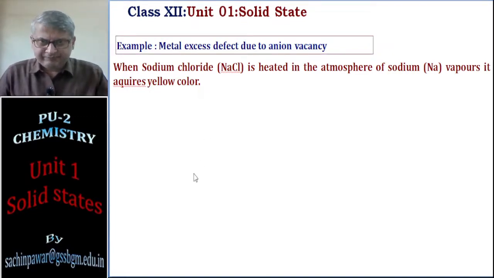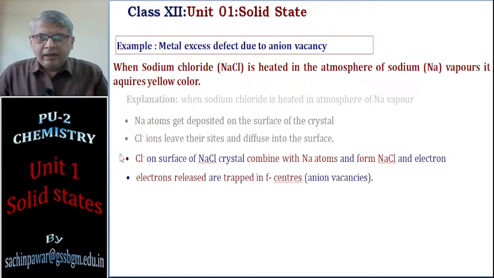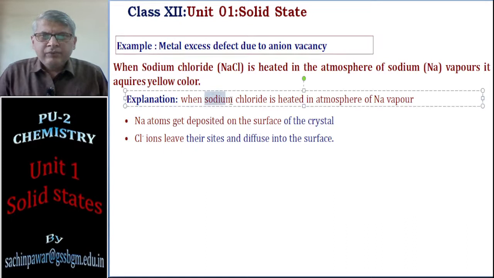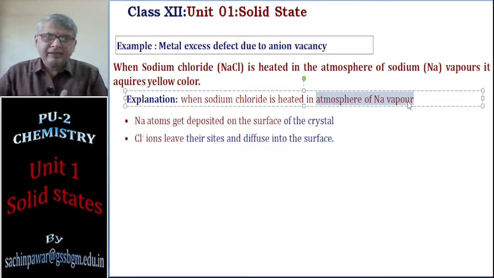So what happens here? First, sodium chloride is heated in an atmosphere of sodium, so sodium vapors are taken. We have sodium chloride in a crucible or container, and we are passing sodium vapors onto it and heating it.